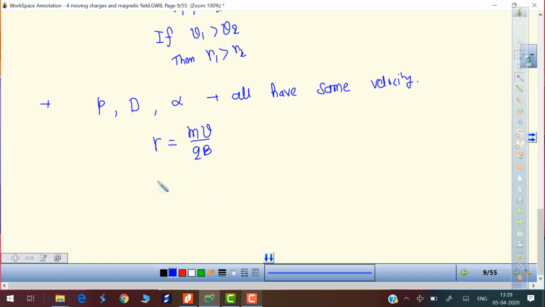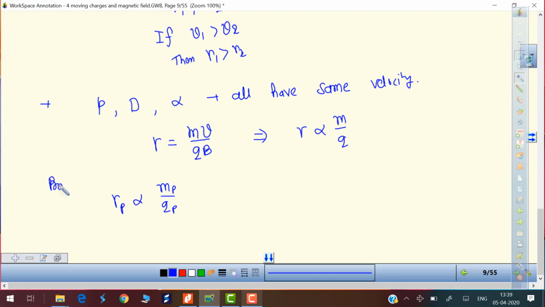Is the mass different for all? Yes, mass is different. Is the charge different for all? Yes, charge is different. So I can write radius is proportional to mass and inversely proportional to q. So for the proton, R is proportional to mass of the proton upon charge of the proton.